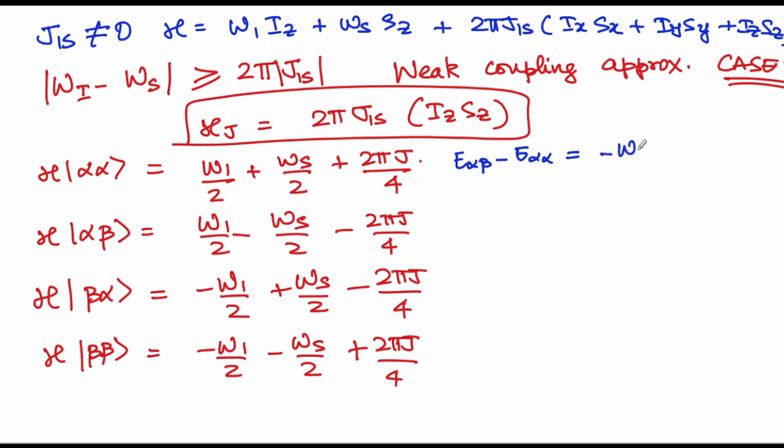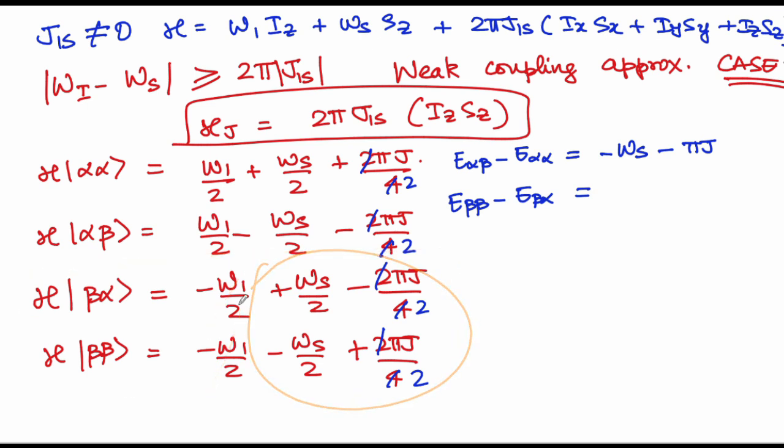So you're going to have minus omega S, and remember this is 1 over 2, this is 1 over 2, and these two terms end up adding and you will end up getting minus pi J. So let's calculate what is the next transition for the same S spin, that is going to be given by beta beta minus beta alpha. I request you to repeat the calculation for the I transition.